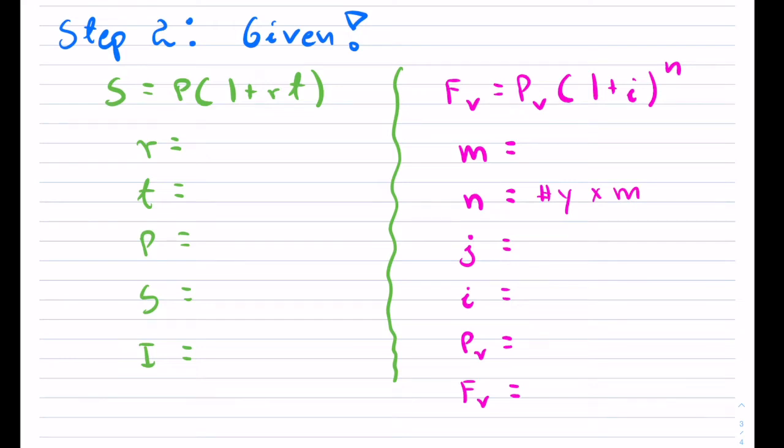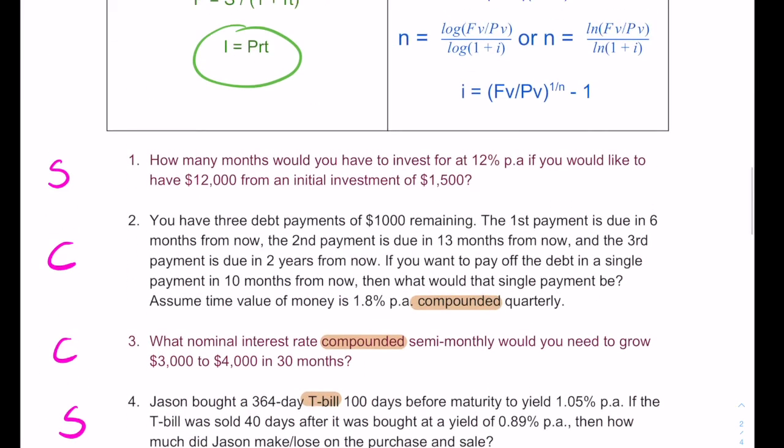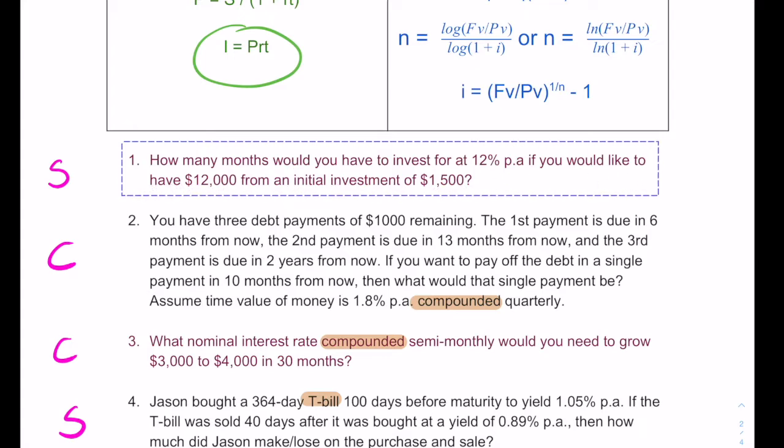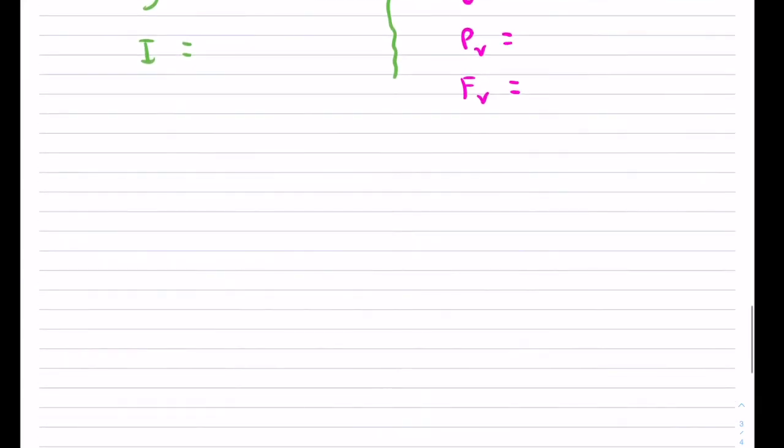Once you figure out if it's simple or compound interest, then you write these things down, and then you find them in the question. So let's try that. Let's try to knock this off. Question number 1, I'm going to take a look at this particular example right here, and let's try to solve it.